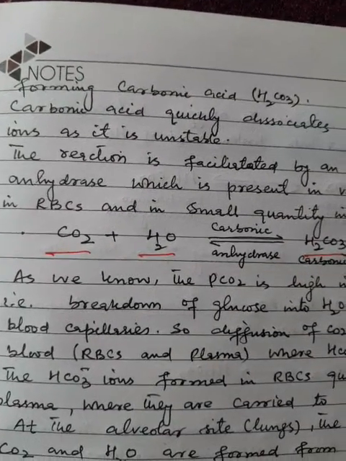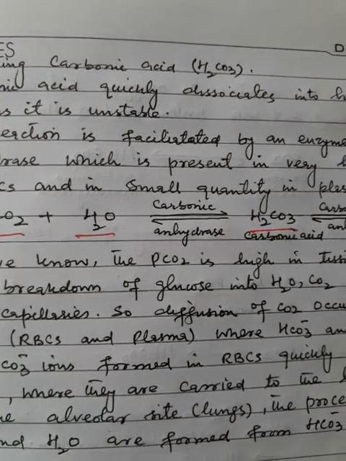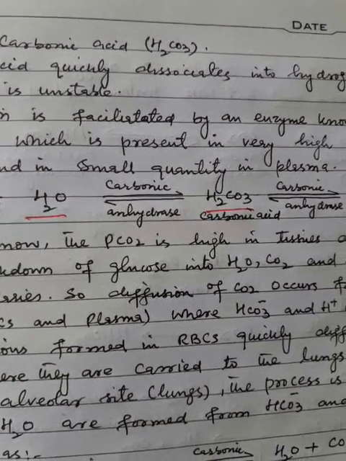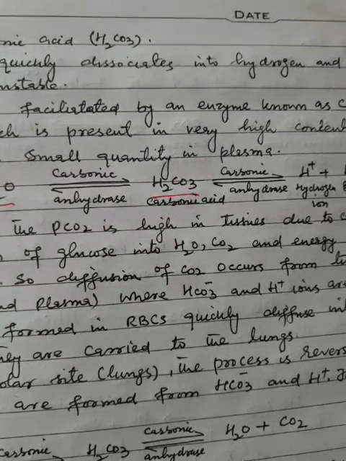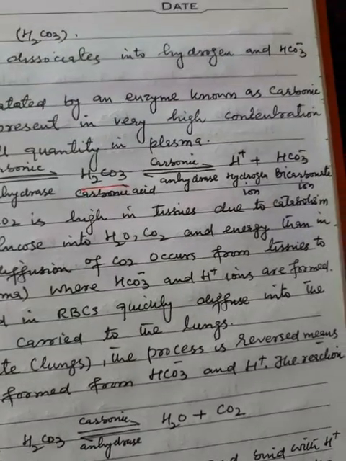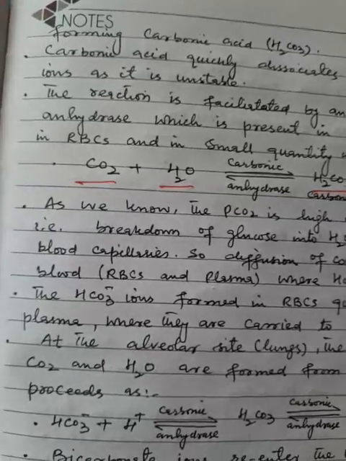The overall reaction is carbon dioxide plus water, in the presence of carbonic anhydrase enzyme, gives H2CO3, that is carbonic acid. Further, in the presence of carbonic anhydrase, it dissociates into hydrogen positive and bicarbonate ions, that is negative ions.